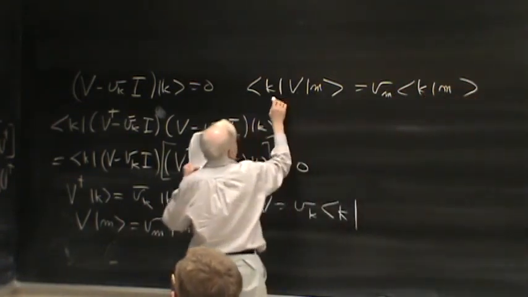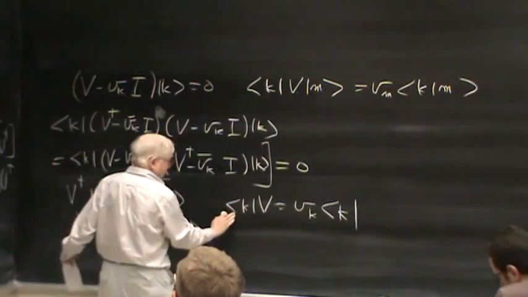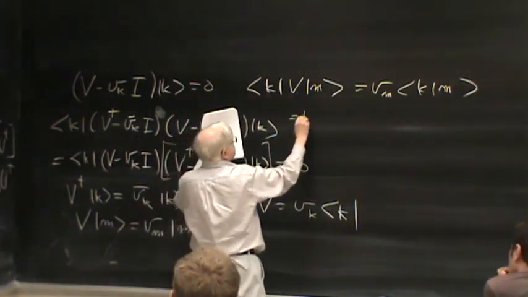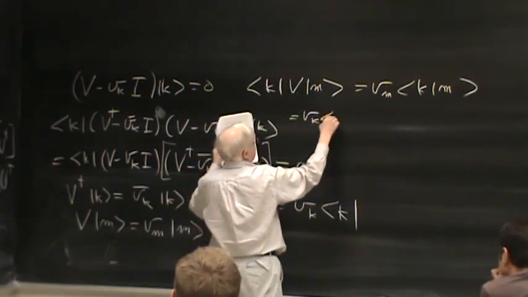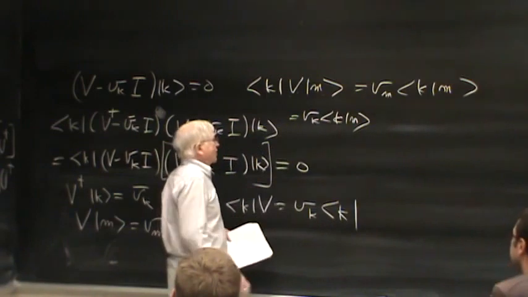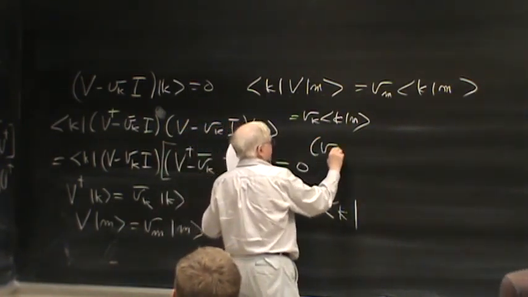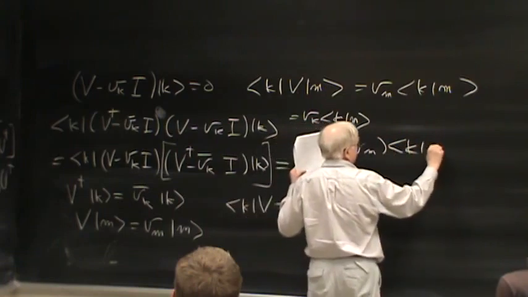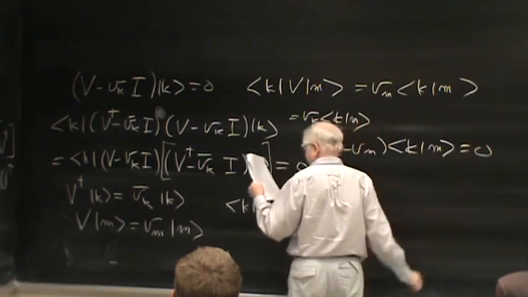Letting the V act on <k|, we get v_k <k|m>. And now what we have is (v_k minus v_m) times <k|m> equals 0.